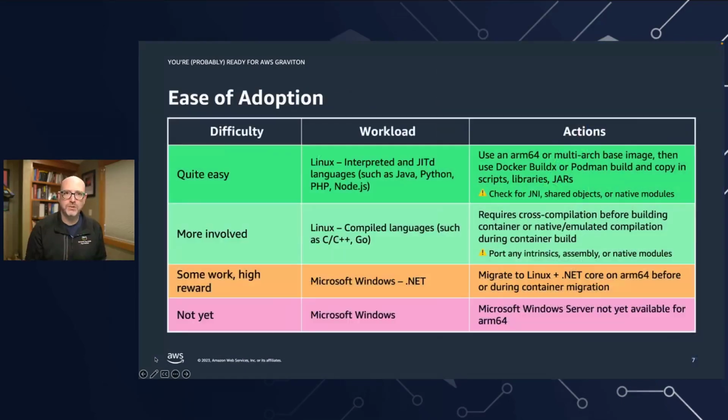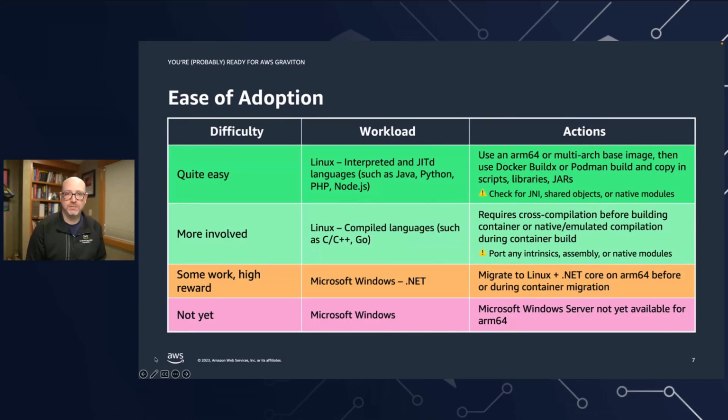Now, if you're running your own application outside of Lambda, your ease of adoption will vary depending on the type of application you have and what software your application is written in. For most customers, it turns out that adopting Graviton is quite easy. That's because many of our customers are using interpreted languages or languages that use a bytecode compiler, such as Java or .NET.